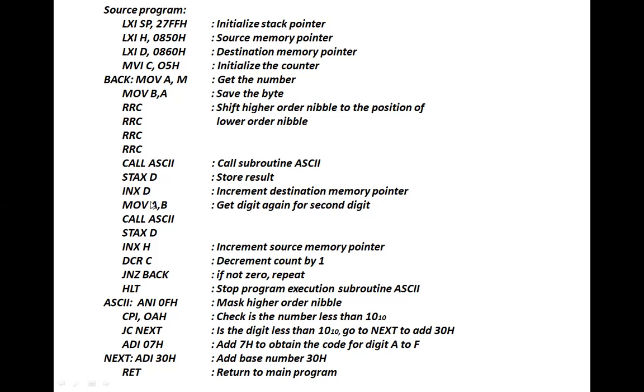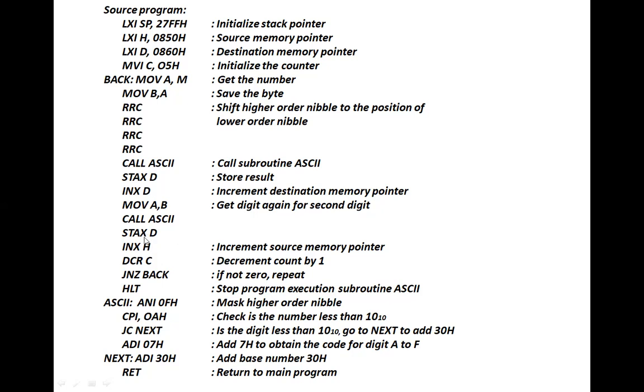And then we increment the DE pair so that it becomes 0863. Then we call to get the lower order nibble. First the higher order nibble is masked, and then it is checked whether it is less than 10 or not. If so, we add 30, otherwise we add 7 and then 30, and then it returns.